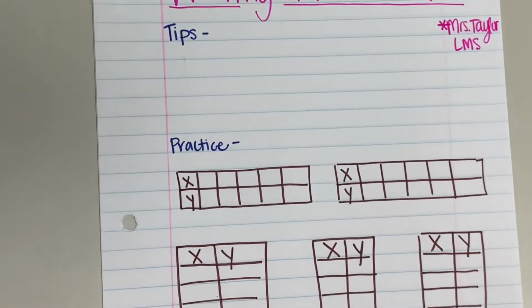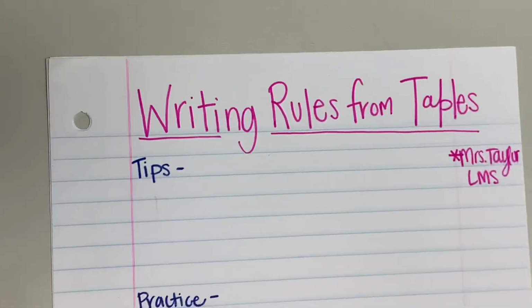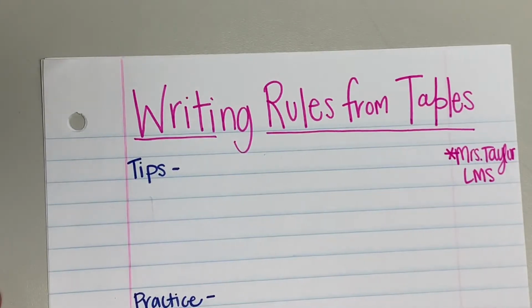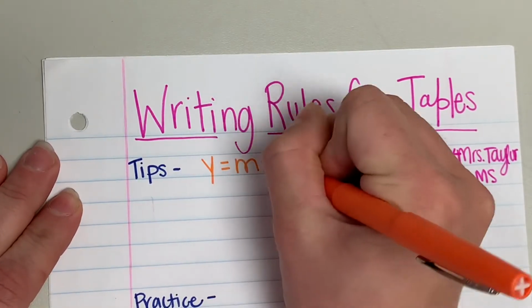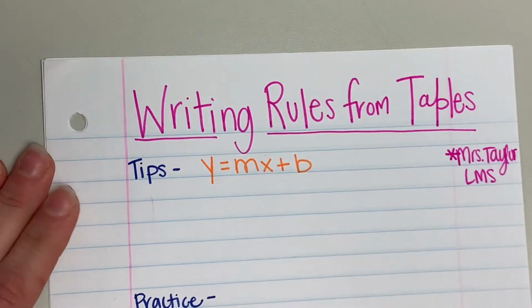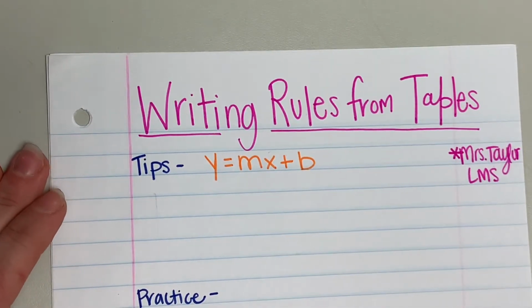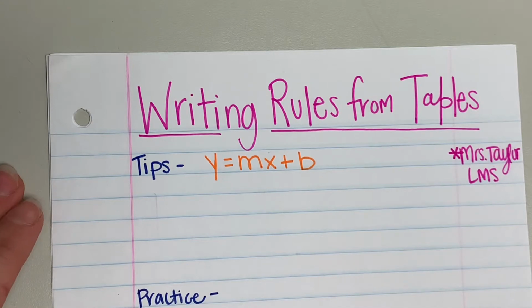Writing rules from tables. First of all, what is a rule? All rules should be written in the form of y equals mx plus b. Now, let's remind ourselves what each thing is.